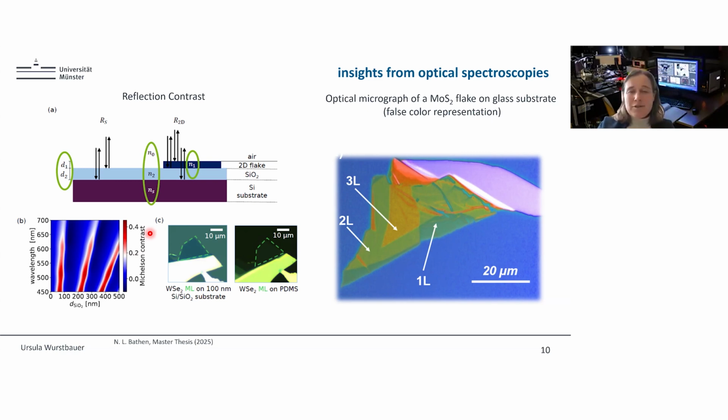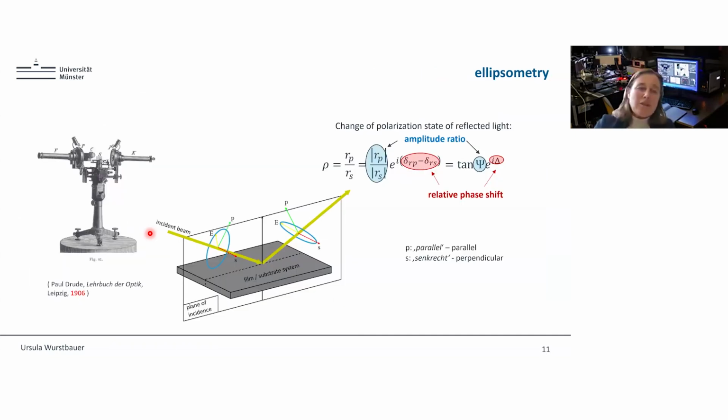And now, of course, we are already at our focus topic. How can we measure both thickness and the refractive indices of those materials? Well, spectroscopic ellipsometry is an excellent tool to get access to those properties.